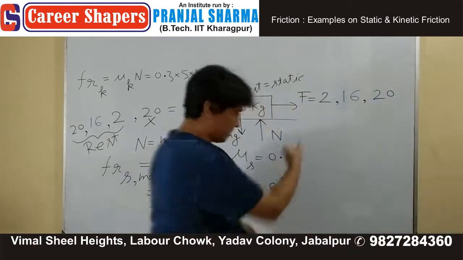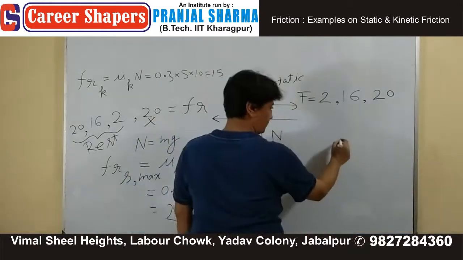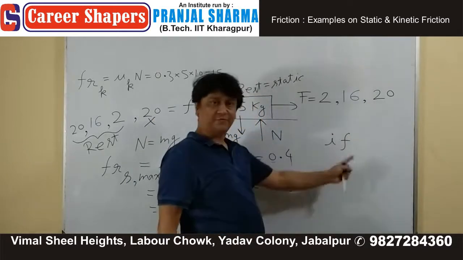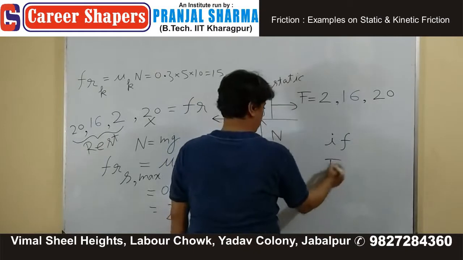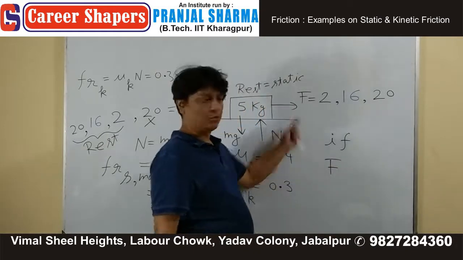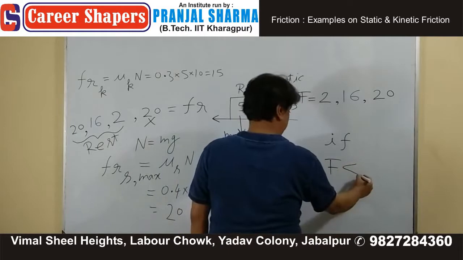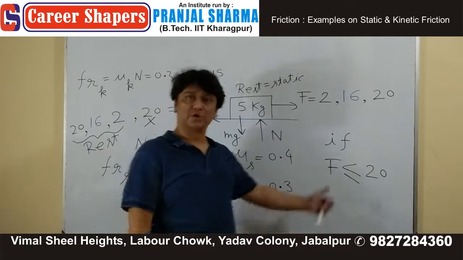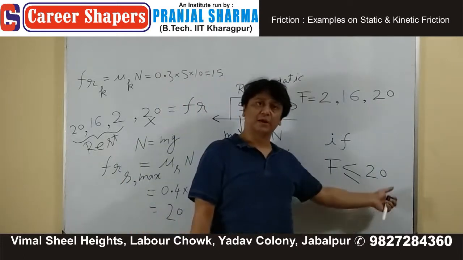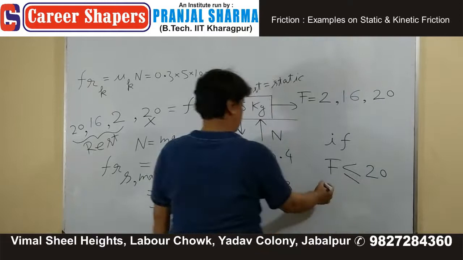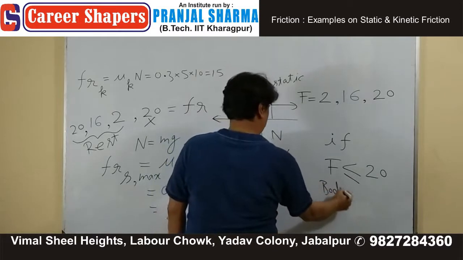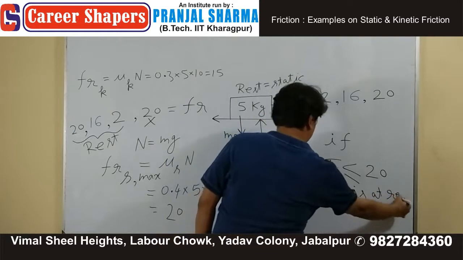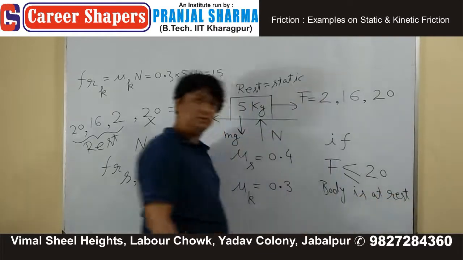And you can mention the whole thing in this form. If F, what is F? Pulling force is less than or equal to 20. As long as your pulling force is less than or equal to 20, body is at rest.